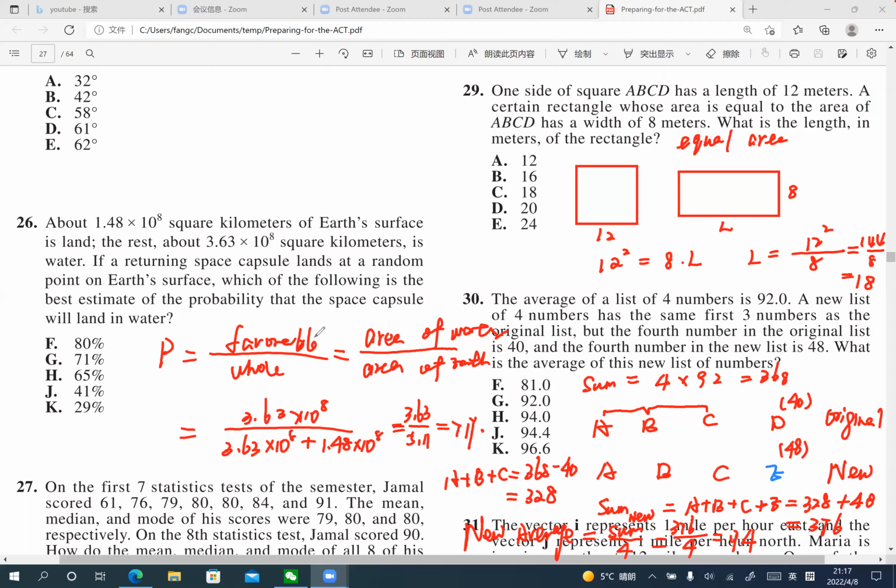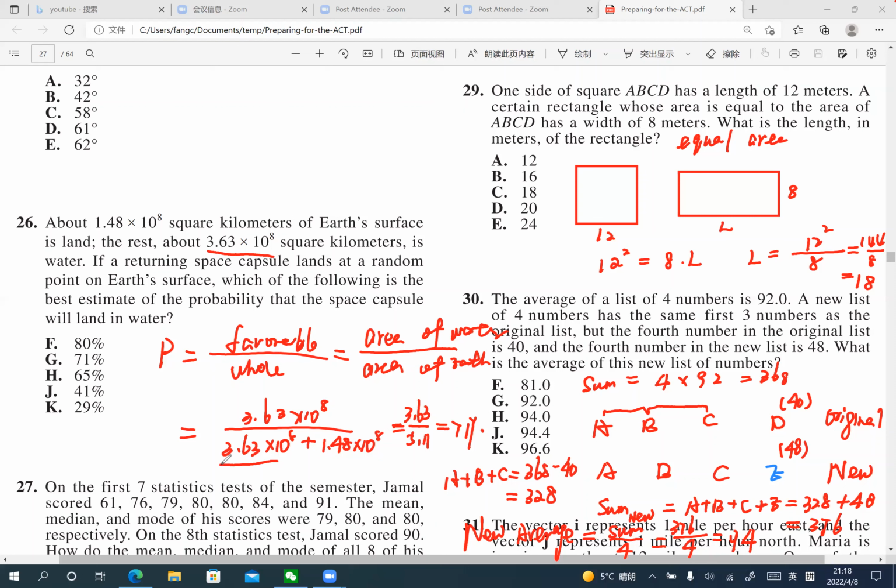The area of the water is 3.63 times 10 to the power of 8. And the whole area, the area of the Earth, is equal to 3.63 times 10 to the power of 8 plus 1.48 times 10 to the power of 8.